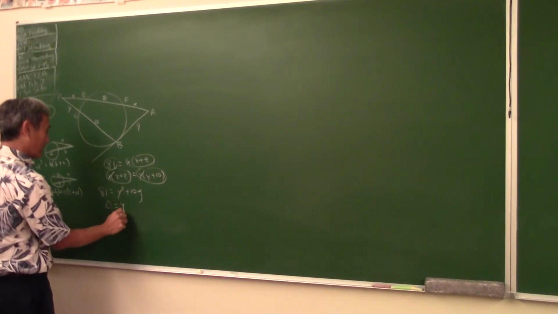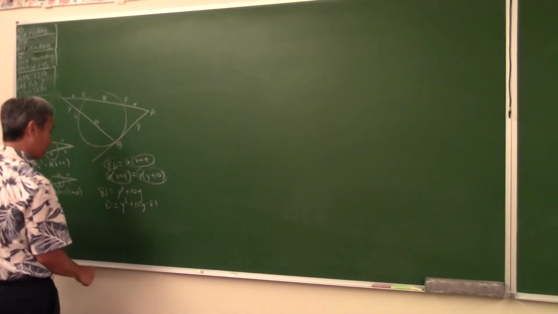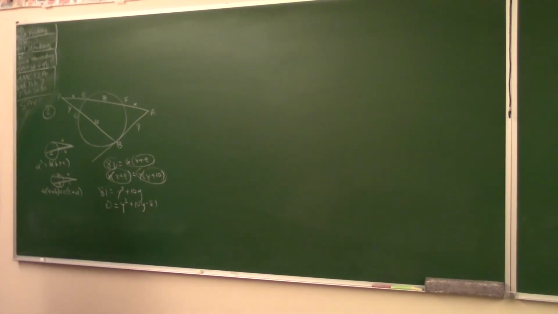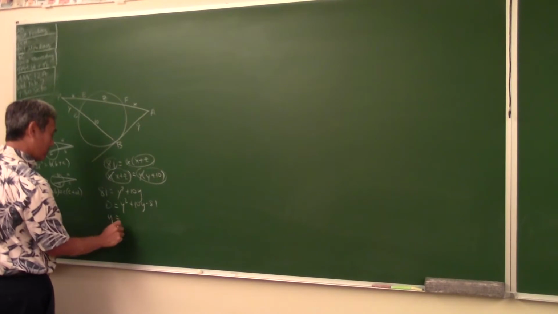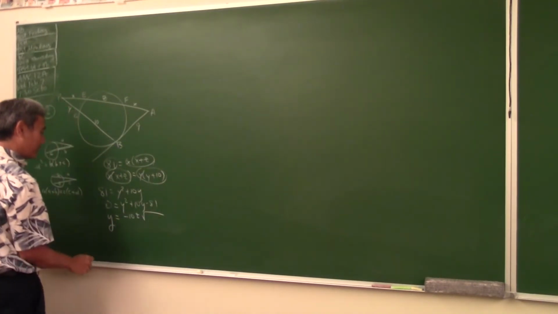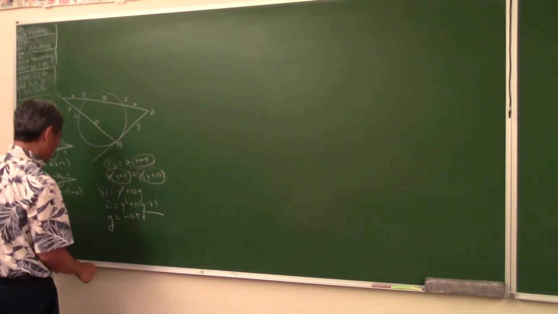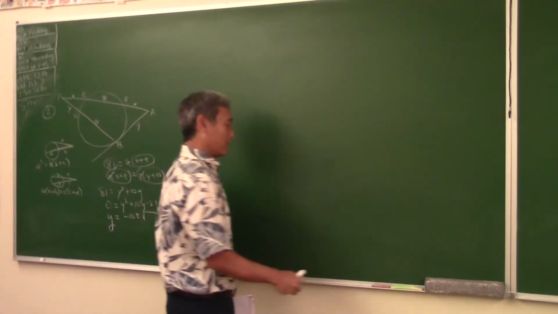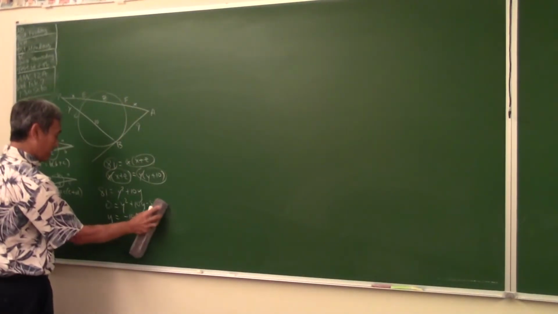0 equals Y squared plus 10Y minus 81. And you can't factor that, so you got to use the quadratic formula. So Y equals negative 10 plus or minus the square root of B squared minus 4AC. You know what? I don't feel like it's too early in the morning to use the quadratic formula. I'm just going to complete the square.